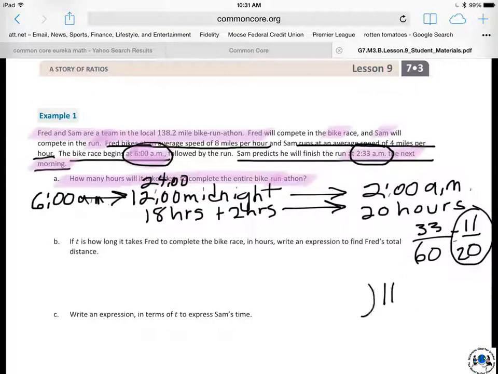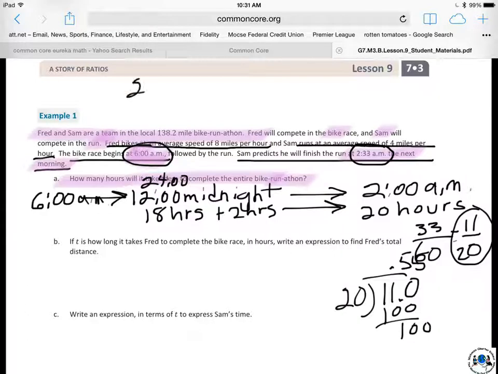If I try to make a decimal out of that 11/20, hopefully we know how to do that. That's 11 divided by 20. Maybe some of you are just going to do this on your calculator. Okay, right there. So 20, that's going to be 500, and then another 5. So 0.55. 11/20 is the same as 0.55. So 3 different ways to write this.